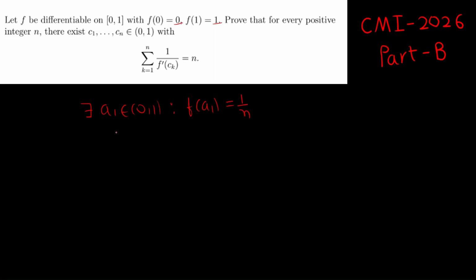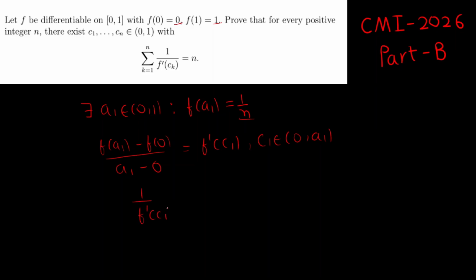Now if I apply LMVT on the interval 0 to a1, we can say that f of a1 minus f of 0 divided by a1 minus 0 is equal to some f dash of, let's say, c1, where c1 belongs from 0 to a1. Now f of a1 is nothing but 1 by n and f of 0 is 0. This will mean that I'll get 1 by f dash of c1 is equal to n times a1 minus 0.